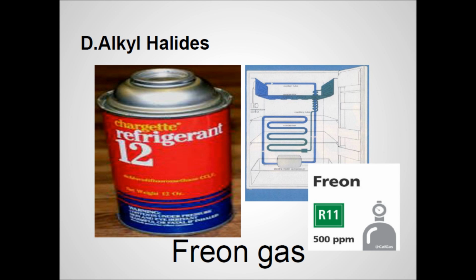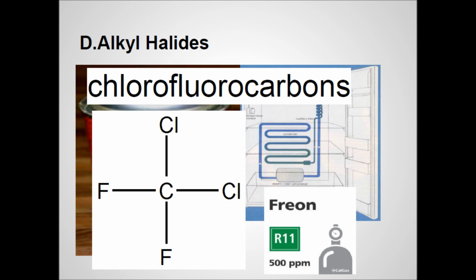In everyday life, there are many uses of alkyl halides, and freon gas is one of them. It is made of chlorofluorocarbons and has 2 chlorines and 2 fluorines connected to the carbon in the center.